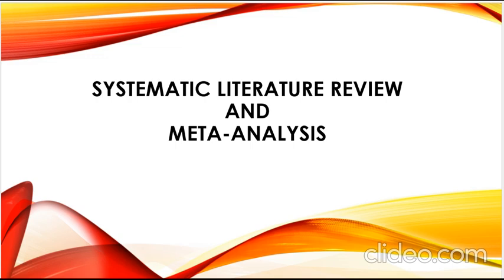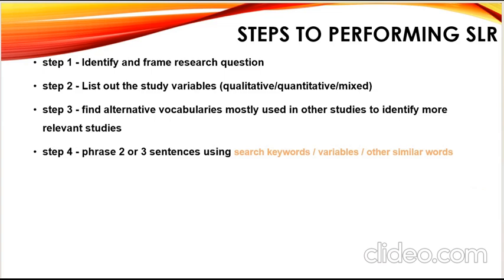So I'm going to tell how to perform systematic literature review. The stages are identifying and reframing research question. First of all, if you are going to decide whether I'm going to do a systematic literature review or meta-analysis, you should decide the research question first.